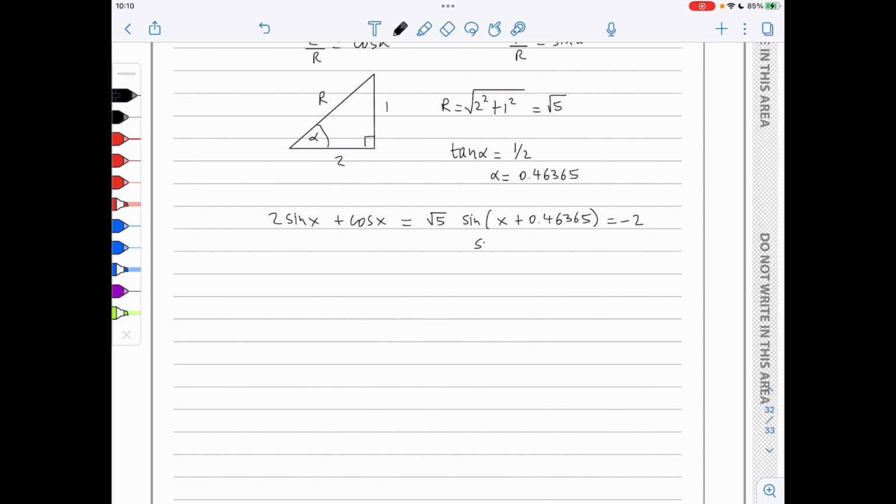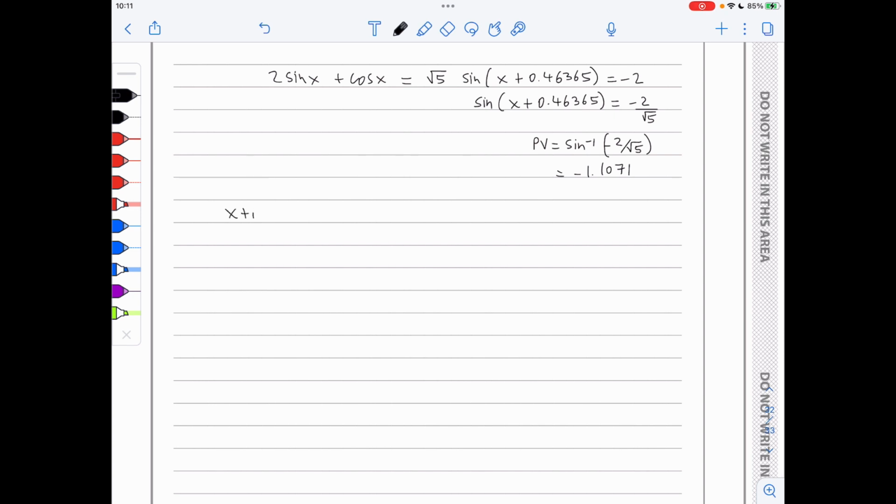So if I divide by root 5, I get sine of x plus 0.46365 is negative 2 over root 5, and therefore my principal value here will be shift sine of minus 2 over root 5, which works out to be minus 1.1071, and hence we have that x plus 0.46365 is equal to the PV plus 2 pi k, or x plus 0.46365 is pi minus the PV plus 2 pi k.